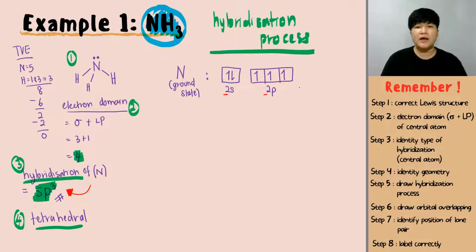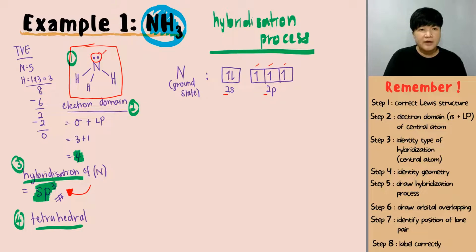Since we are not having any d orbital, do we need to make any changes in the excited state? We realize that your 2p is already full with single unpaired electrons, which is obviously your sigma. Looking at your Lewis structure, nitrogen has one lone pair, right?